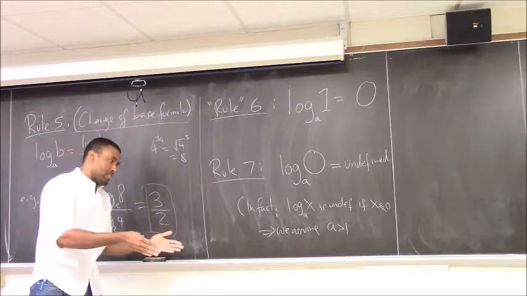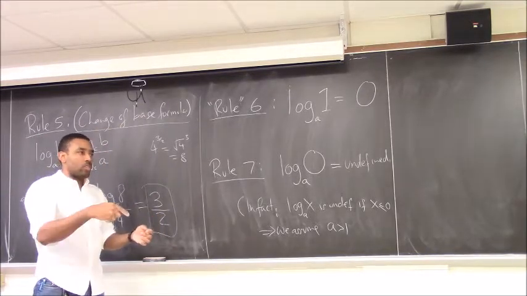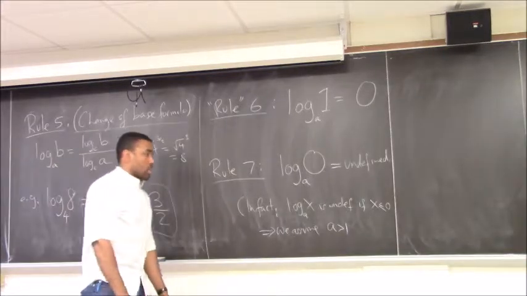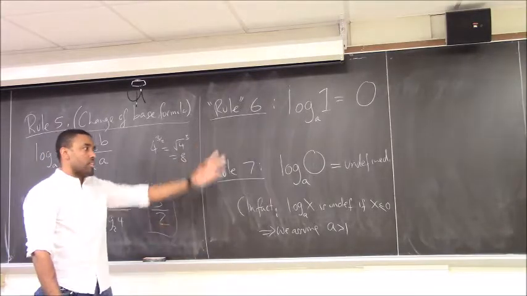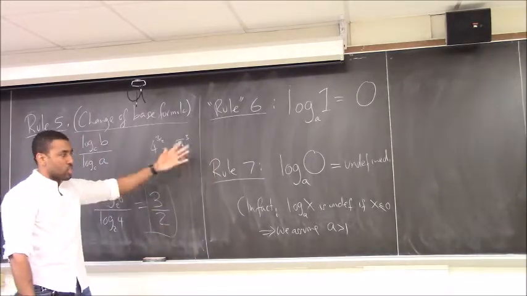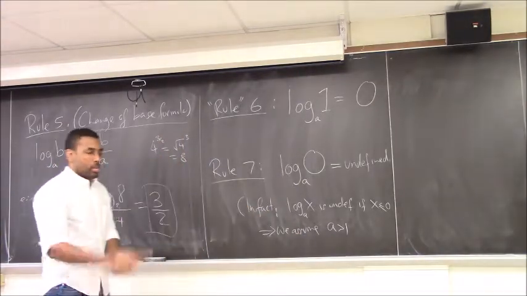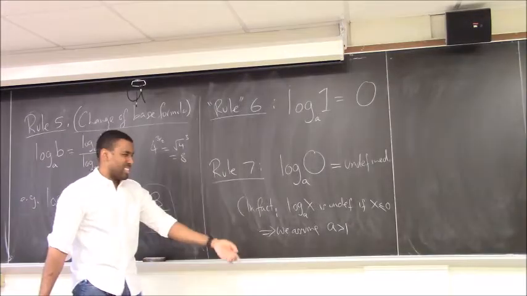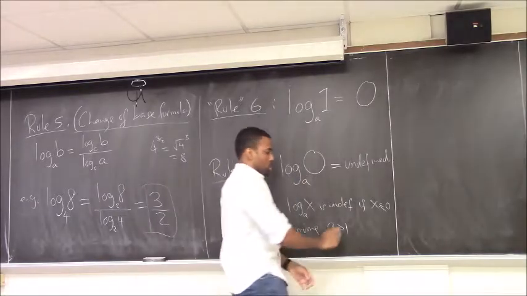Because if a is a positive number that's less than 1, I can think of it as 1 over a number that's bigger than 1 and use the base rules in the denominator. If a is negative, I can just factor it off and work on it separately. So really the theory works out a lot more fluidly if we just assume it's a number that's greater than 1. All the other special cases we'll do as they come. But in this class, we'll never actually be taking logs of anything that's less than 1 anyway.